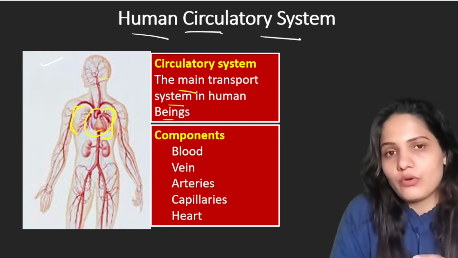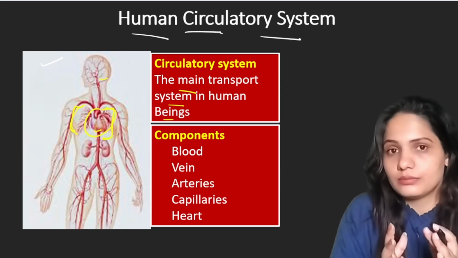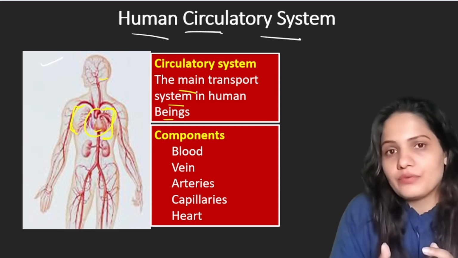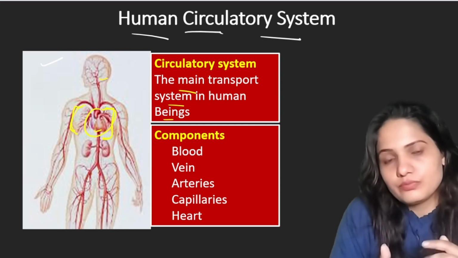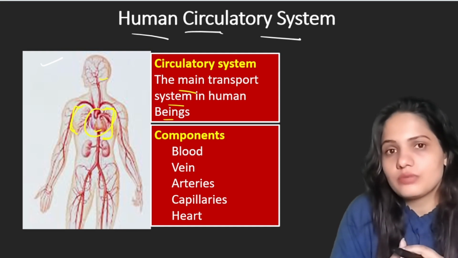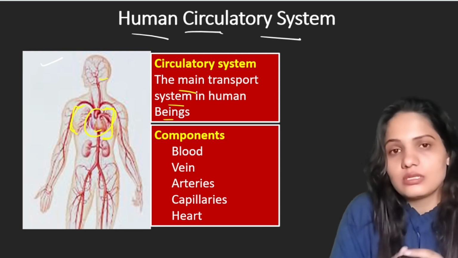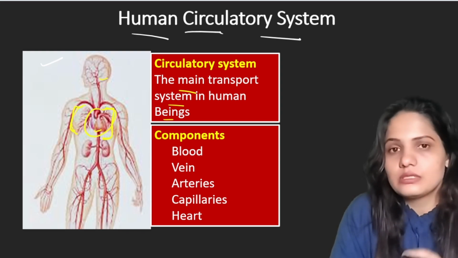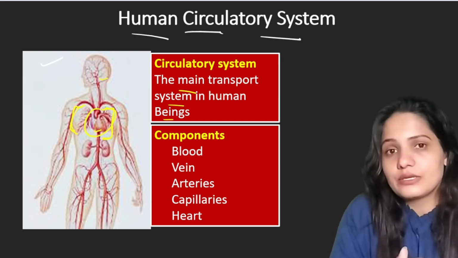In our last section we also covered that there are many gases like CO2 and O2, and exchange of these gases is essential for the purpose of respiration. These gases and simpler substances are transported throughout the body with the help of the circulatory system.